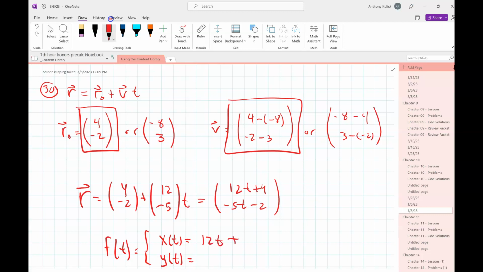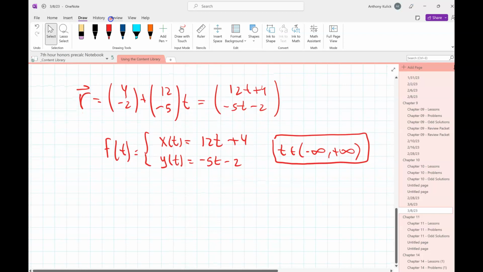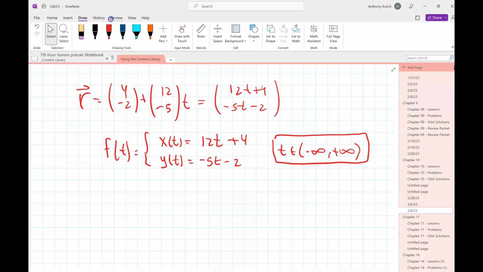So 12t plus 4 is my x equation and -5t minus 2 is my y equation. Because a line is infinitely long, the interval I'm using is all real numbers.